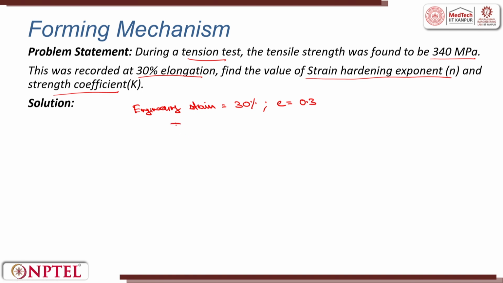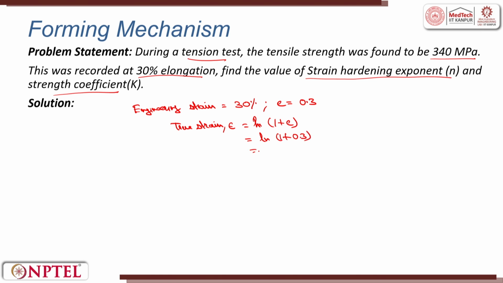And we know true strain epsilon is equal to log of 1 plus E. This is natural log. So, to calculate it, this is log of 1 plus 0.3.